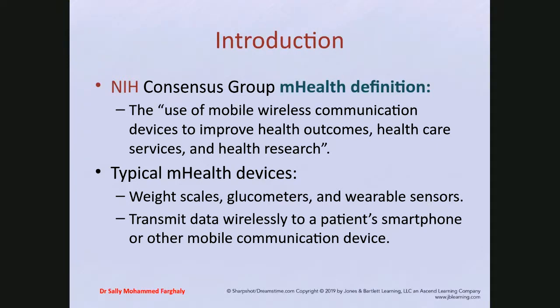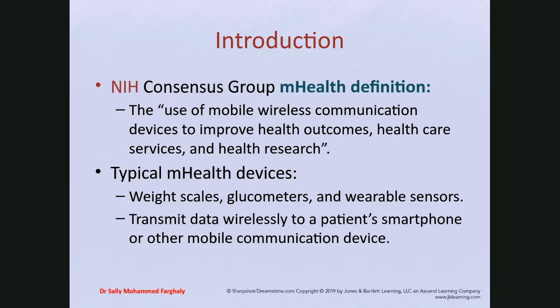Typical mobile health devices, or mHealth devices, يعني أنواعها بقى ال mHealth devices دي ممكن تكون زي إيه؟ ممكن تكون زي ال weight scales, wireless communication devices, and glucometers أجهزة قياس السكر, and wearable sensors. يعني إيه wearable sensors؟ يعني sensors يمكن إن إحنا نلبسها وإن هي to attach by the system to transfer the data automatically, maybe by wireless, maybe by Bluetooth, and this will fill the data inside the electronic medical record or the patient health records.